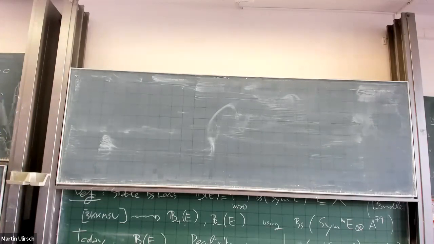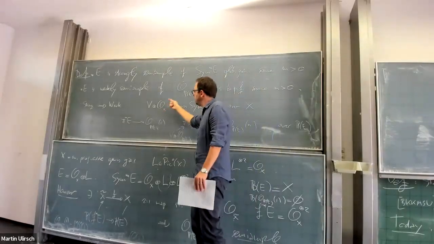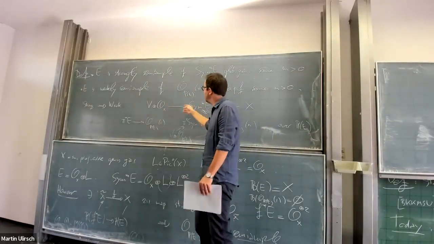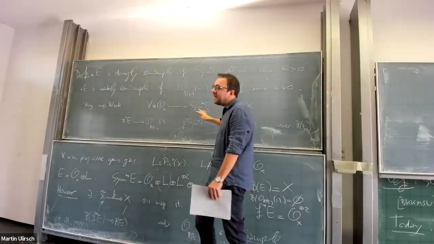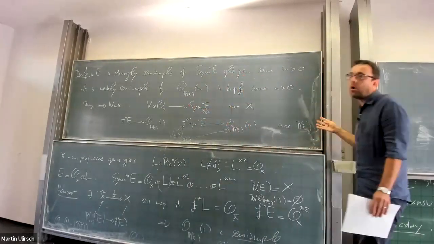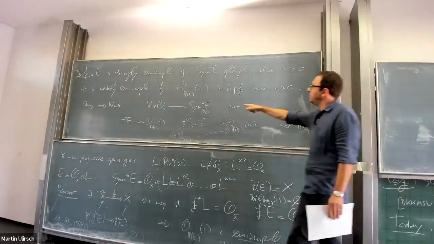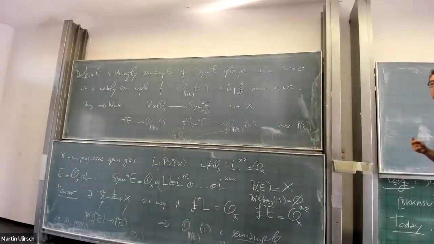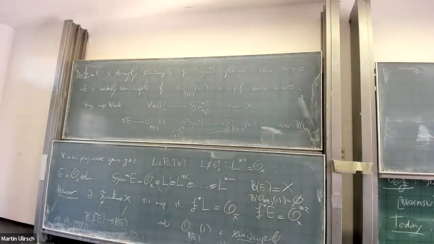What does it mean that this is not surjective? It means that this map here maps to a hyperplane inside here. But this does not imply that it is contained in something that comes from a sub-object of E. That is exactly the point why the two things are not equivalent. So you have to look directly at symmetric powers. That characterization wouldn't be that easy.